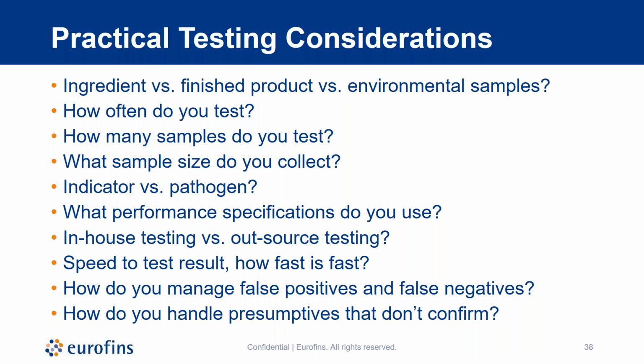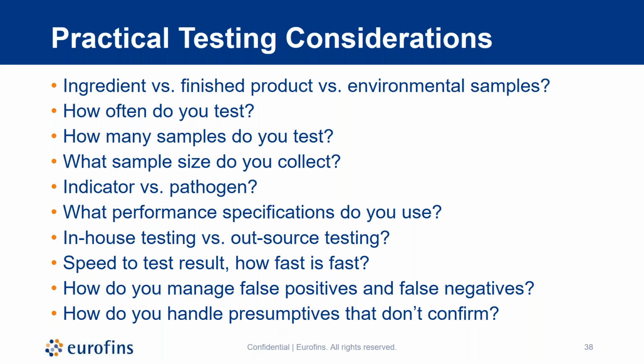And on the environmental monitoring side, are you testing dirty surfaces? Are you testing recently cleaned and sanitized surfaces that have puddles of sanitizer residue remaining? All of these choices on the sample that you're testing can have a huge impact on whether a technology is able to detect a pathogen or not.